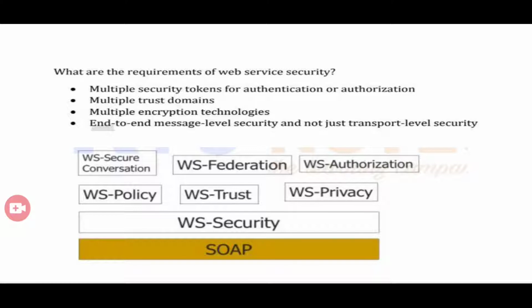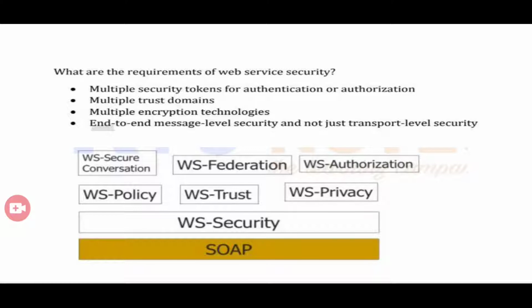Okay, that means for web service security, we need multiple security tokens for authentication and authorization. Also, we need multiple trust domains. Also, multiple encryption technologies are needed. Message level security is provided for web service security. It's not just transport level security.